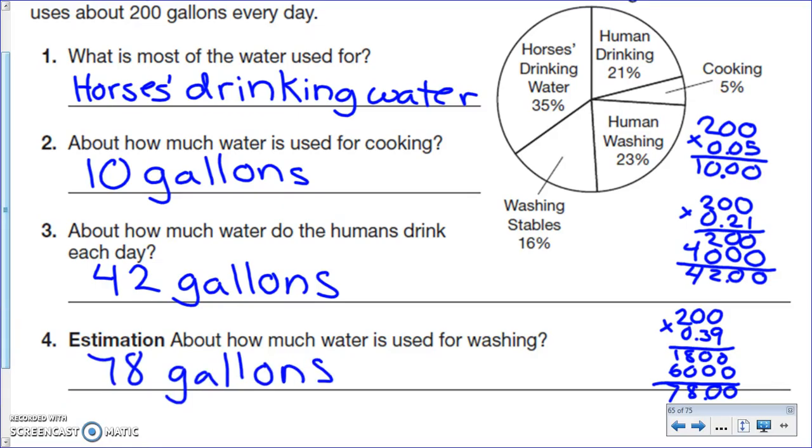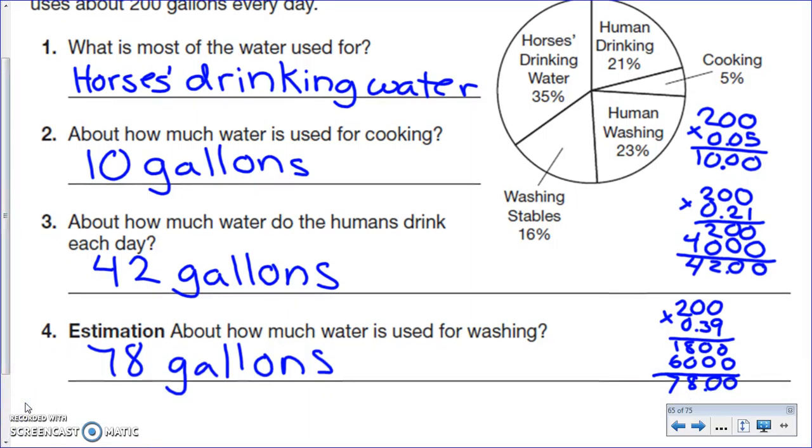So since the ranch uses about 200 gallons a day, about 78 gallons are spent on washing between the stables and the humans. Please make sure you have all of the work copied down and glue both pages in your math notebook.